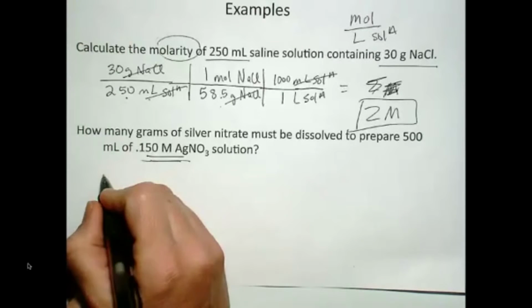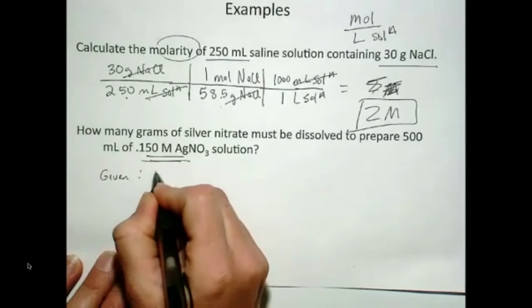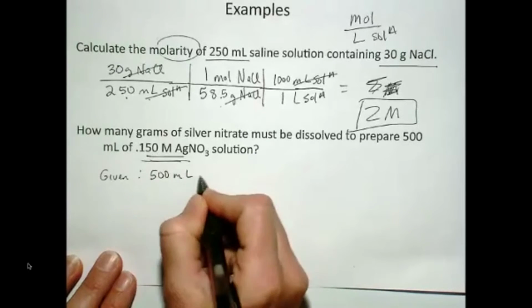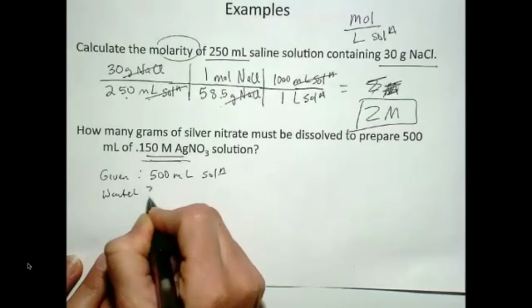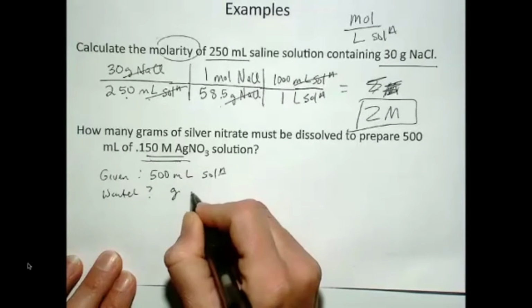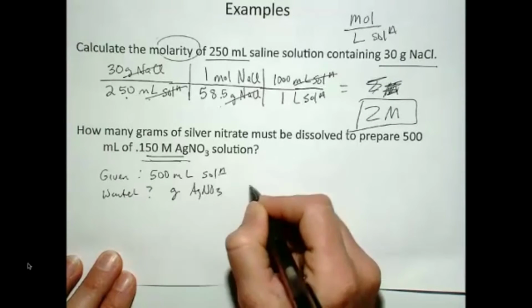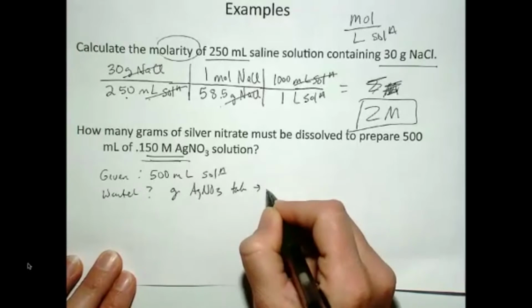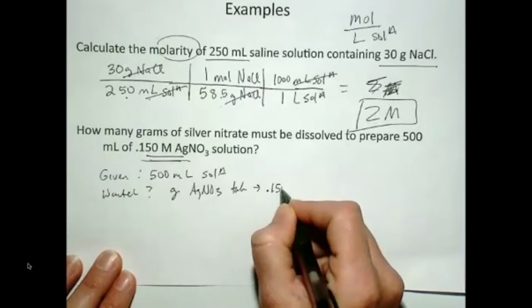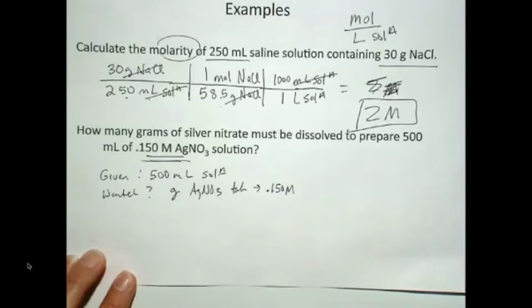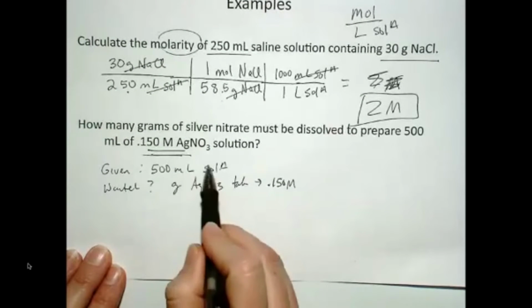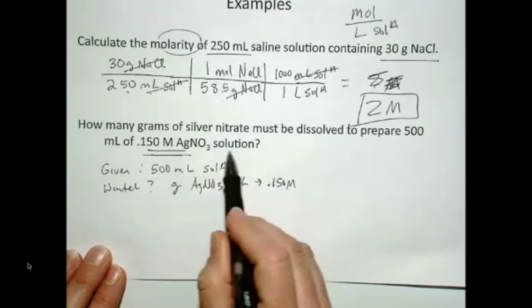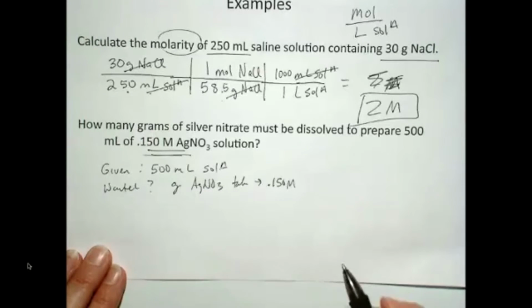So what's given is the 500 milliliters of solution, and what's wanted is how many grams of silver nitrate it takes to make that solution 0.150 molar. The conversion is going to be from milliliters of solution to grams of silver nitrate.